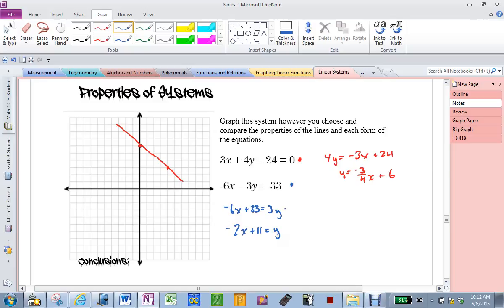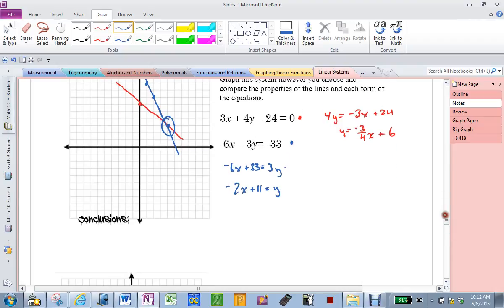Because 11 doesn't work. So I go all the way up to 11, then down 2 and out 1, correct? To the left. So that would take me down to 1, 9. Is that on my graph? 6, 7, 8, 9. It is. 1, 9. Right? Yep. And then down 2 over 1, down 2 over 1, down 2 over 1, and there.